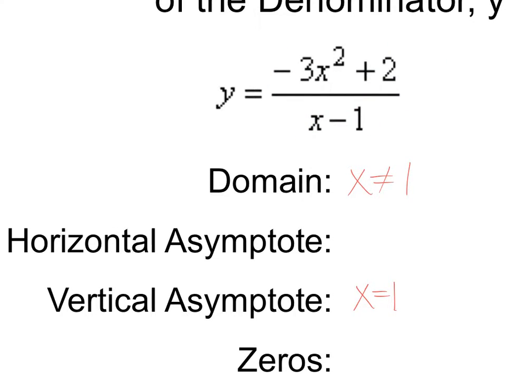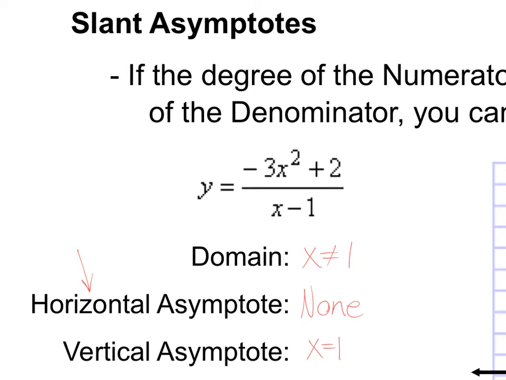All right, now let's talk about the horizontal asymptote. None. Why? Because the degree is bigger on the top. Yes, the degree on the top is bigger than the bottom. There are none. What I wanted to get at here is a special case when there are no horizontal asymptotes, and that special case is where we have what are called slant asymptotes.